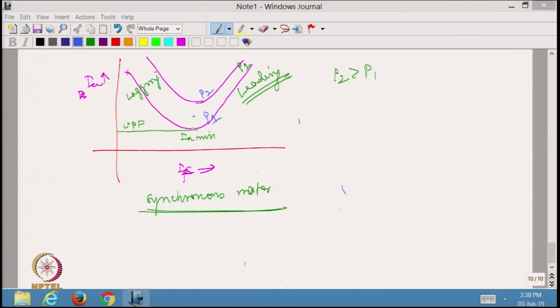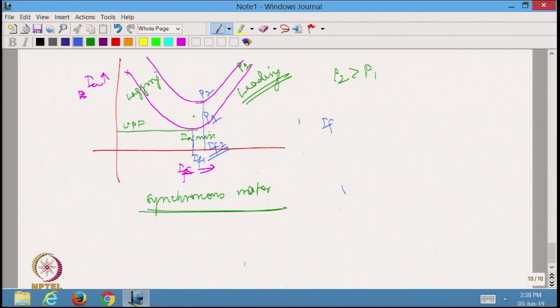But if this is the field current corresponding to, let us say, IF1, for P2 I would have the minimum armature current corresponding to IF2, because to generate P2 power which is greater than P1, in all probability I will require a higher flux.